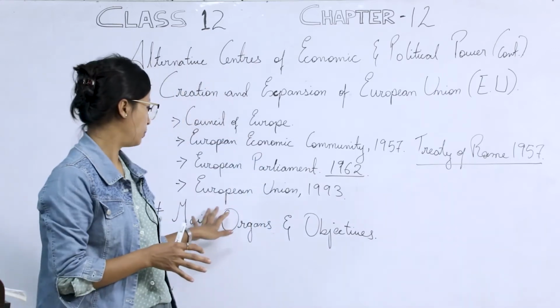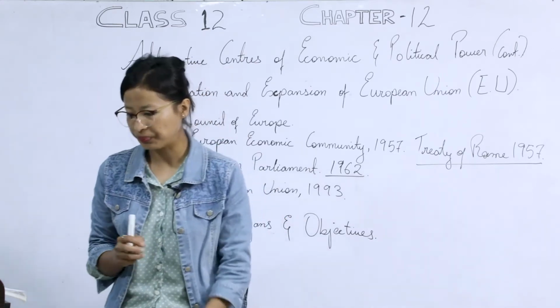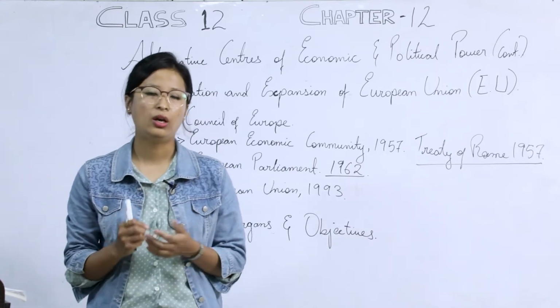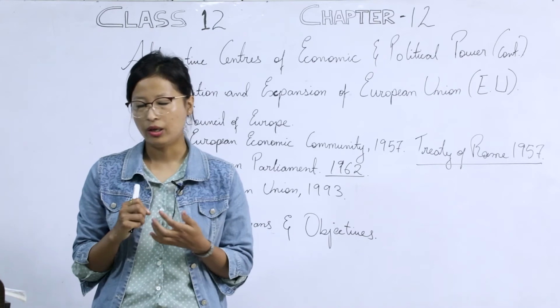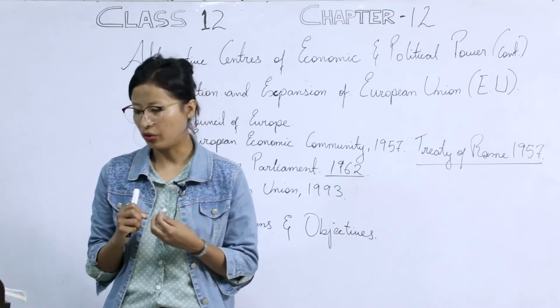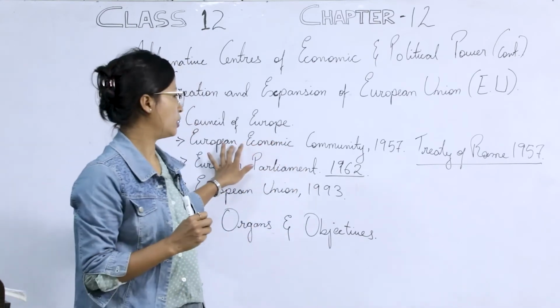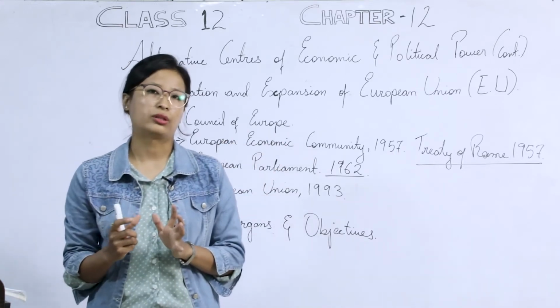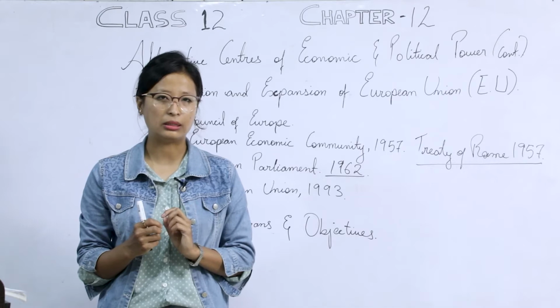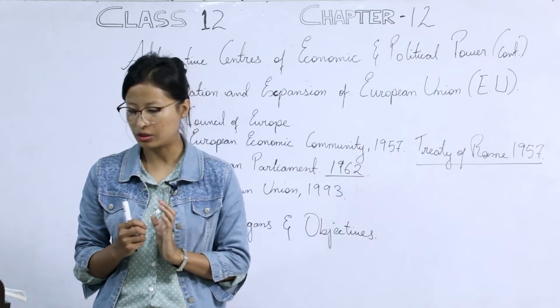Now comes the European Union, 1993. In 1992, the foreign and finance ministers of the European Economic Community met at Maastricht. Maastricht is a town in the Netherlands.